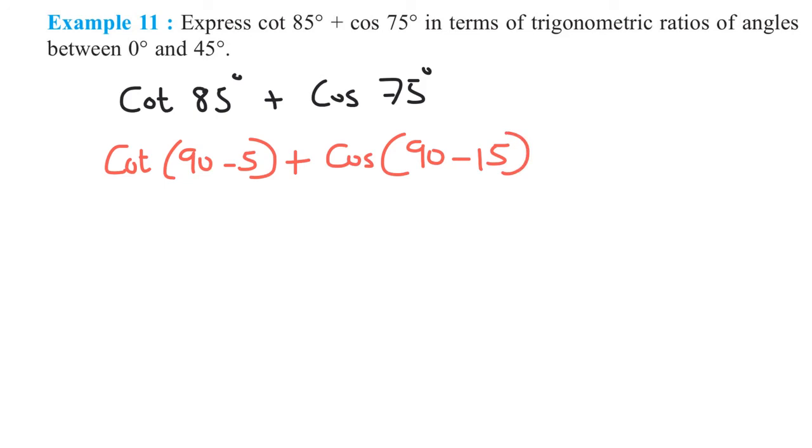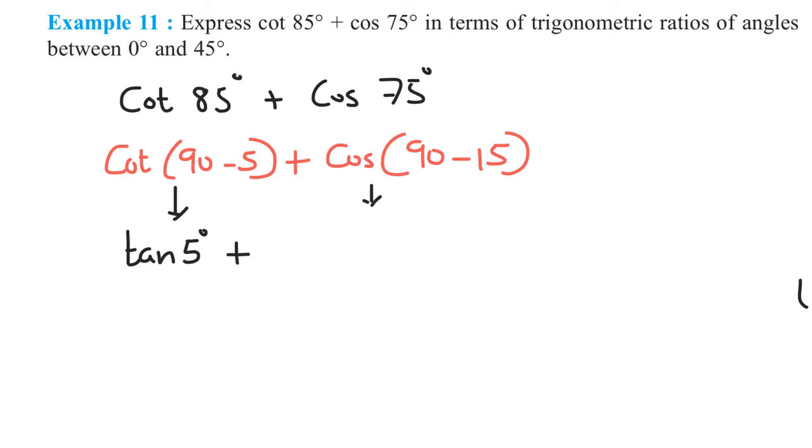Now, what is cot 90 minus A? Remember, cot 90 minus A is tan A. So, can I write cot 90 minus 5, which is the same as cot 90 minus A, as tan A, and A over here is 5 degrees, plus what is cosine 90 minus A?